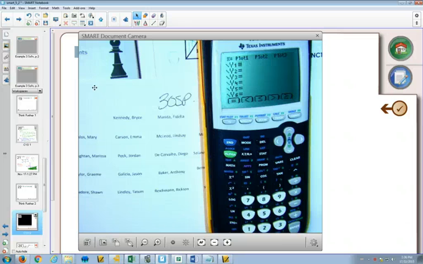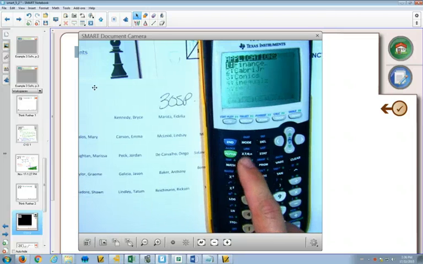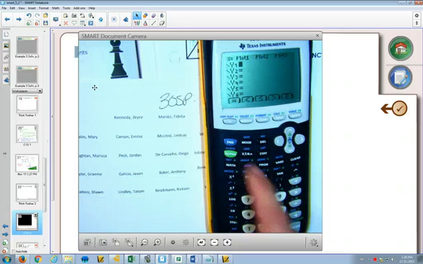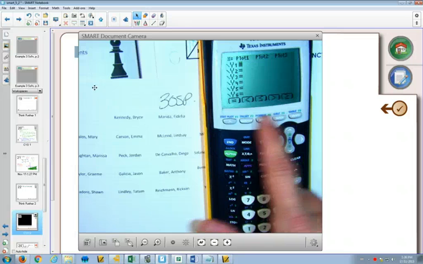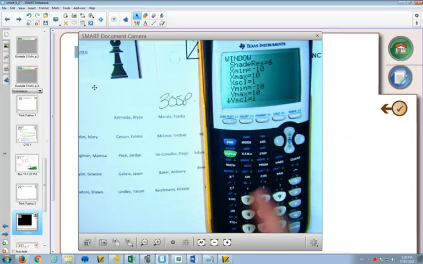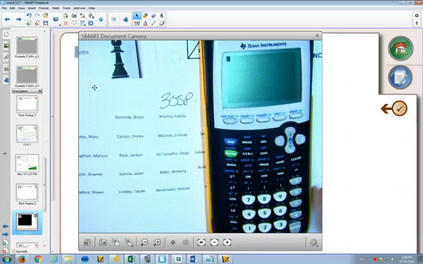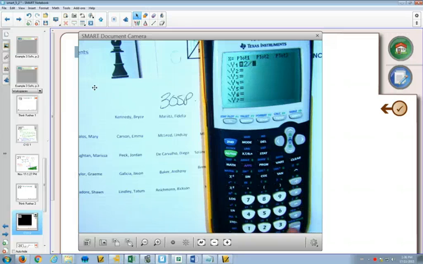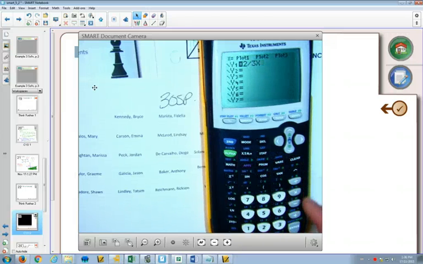So if you go to your apps button, and you have this program, what it'll allow you to do is by pushing one of these buttons, I can hit this one right here. Oops, I can quit. And 2 divided by 3, x plus 11 divided by 3.